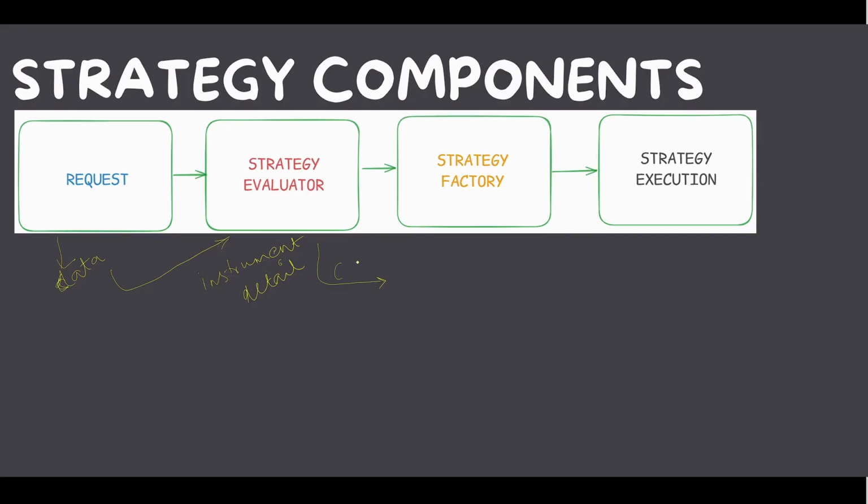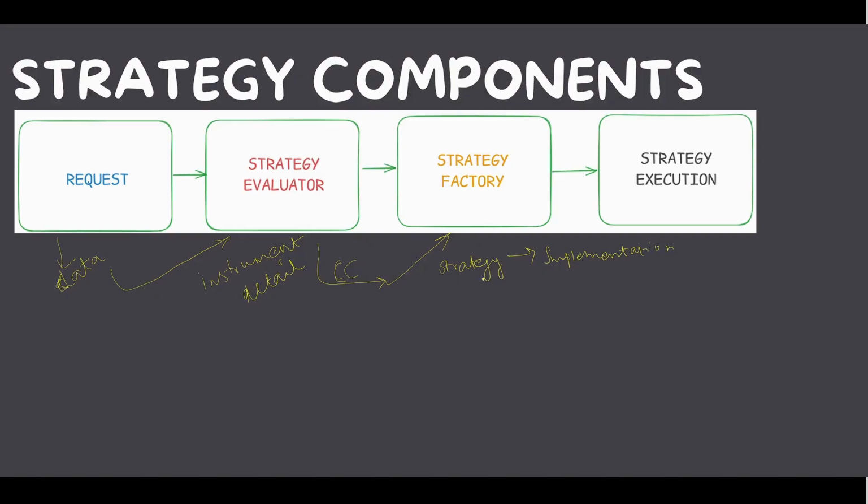For example, it gives us the credit card strategy. It means for this, the instrument was a credit card, and we need to have our credit card strategy executed in order to get the response. Now, this strategy is sent to a factory. What this factory contains is nothing but a strategy to implementation mapping.